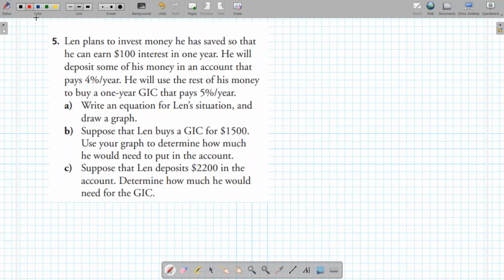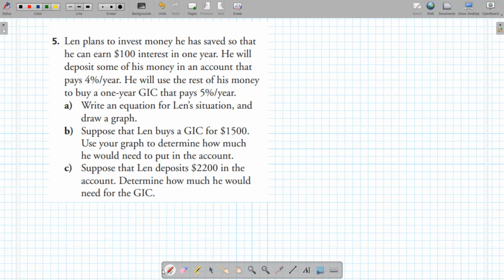Okay, so this guy is planning to invest to make $100. He puts his money in an account that pays 4% per year, and he'll use the rest of his money that pays 5% per year.